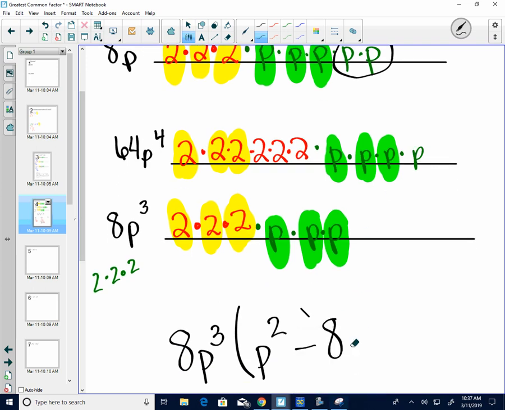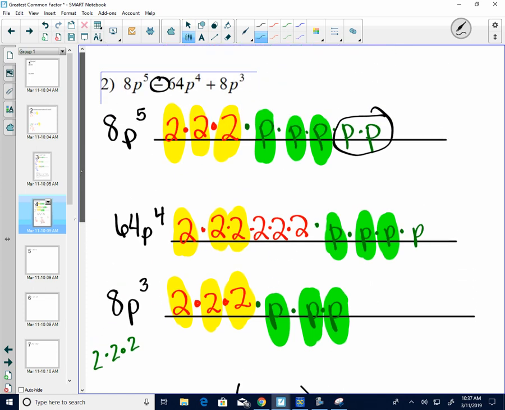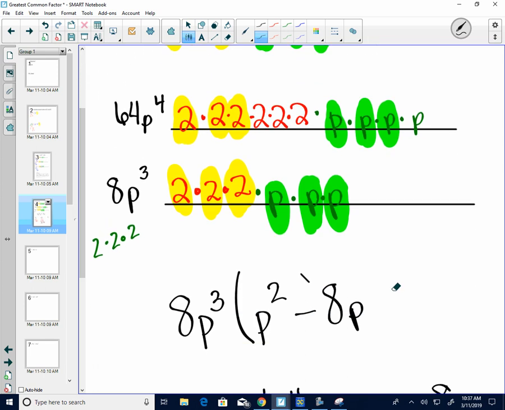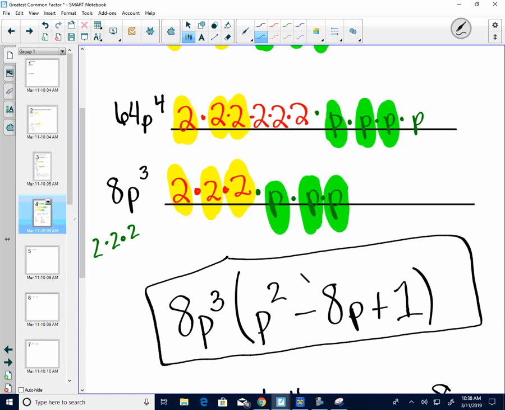And then it had 1 p left, so it had an 8p left. And then in my last term, I had a plus sign, and I don't have anything left. So I don't put anything. I actually don't put a 0, I put a 1. Because 8p cubed divided by 8p cubed is 1, not nothing. So this is your final answer.